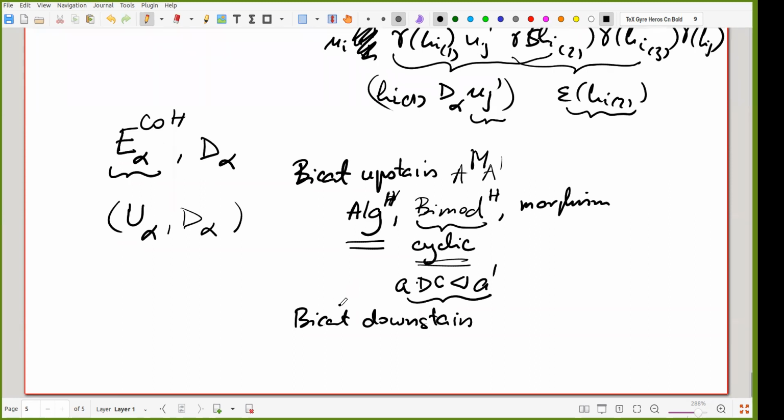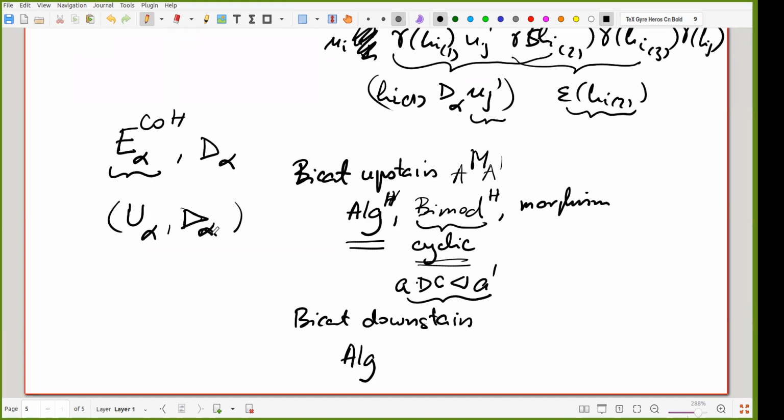And downstairs, I will take again algebras, but with no action of H. That's why I replaced E by U. I have different notation to forget. For E, there was always an action of a Hopf algebra or group or comonad or something, and I have no such action here on the space. However, I will have this delta alpha.